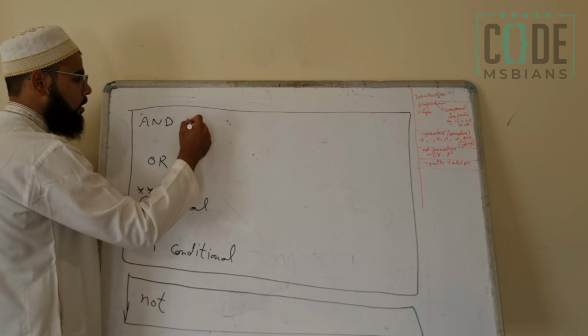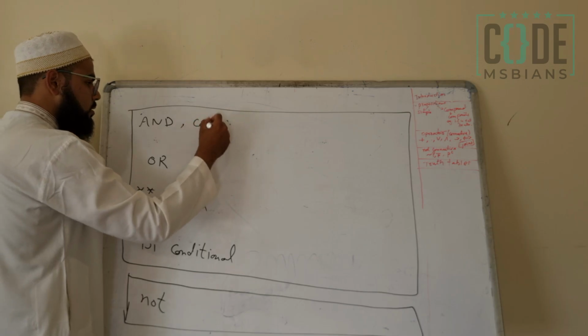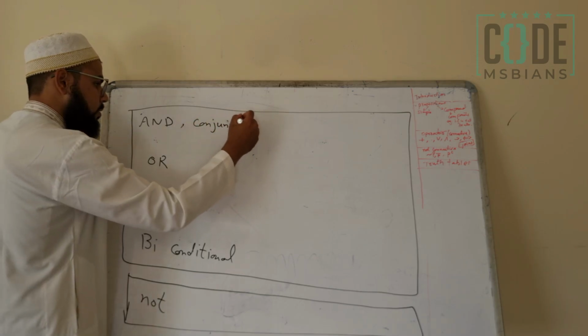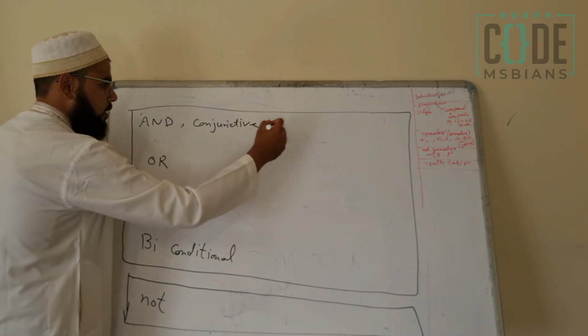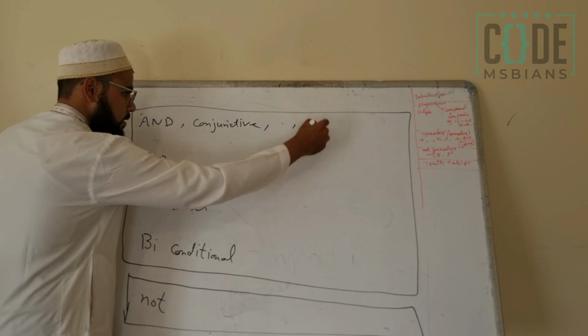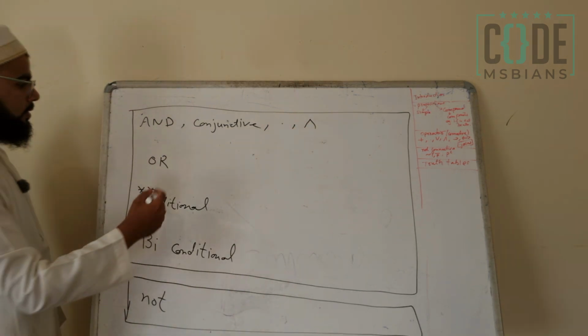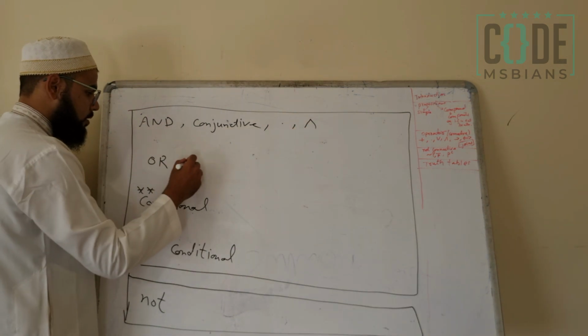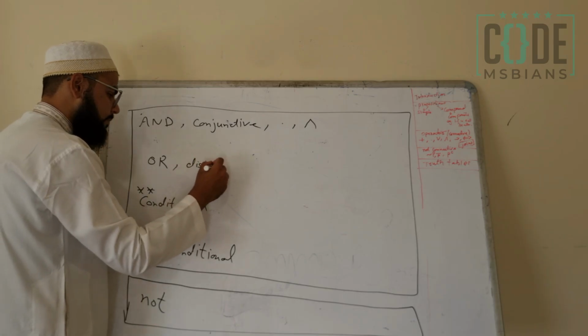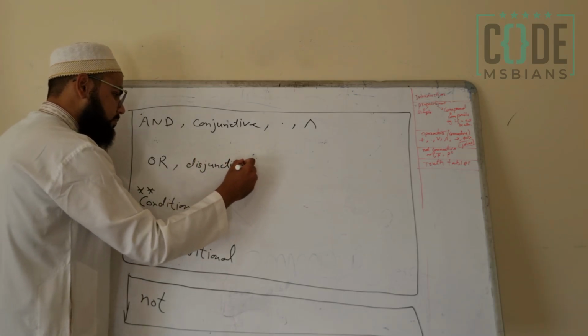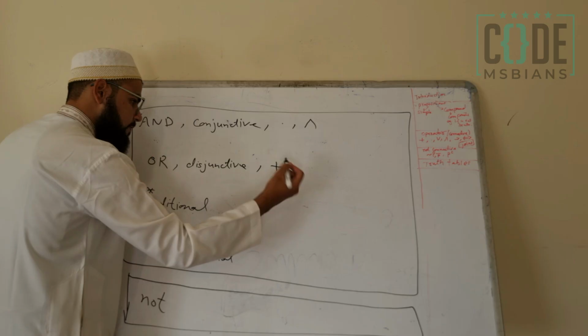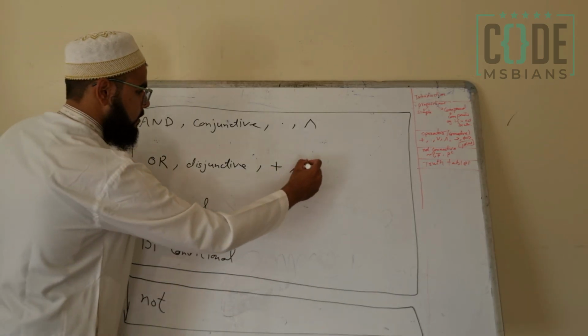And we also call it conjunctive. For and the sign is dot, and the other one is this one. The or is disjunctive, and plus will represent it, and this one.